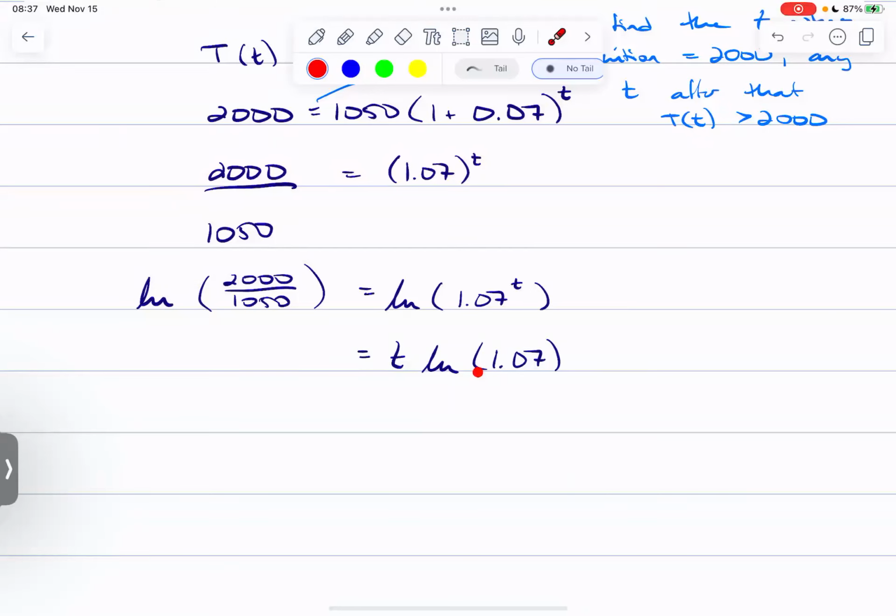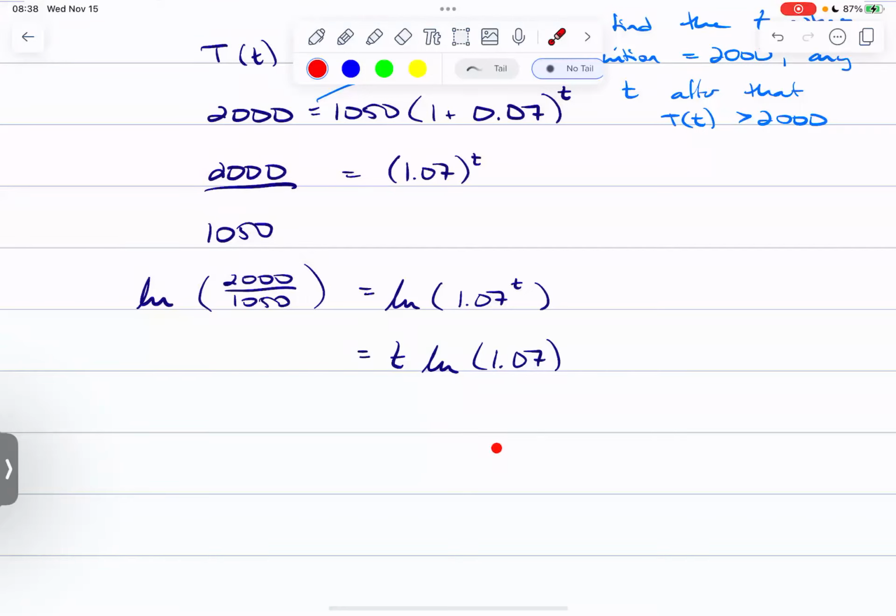The natural log of 1.07 is just a number, so I can divide it over here, but I'm also going to use my switcheroo, my revolving door. What am I doing? I'm rewriting t times the natural log of 1.07 on the left-hand side and the natural log of 2000 divided by 1050 on the right-hand side. But then in the same move, I'm dividing the natural log of 1.07 over to the right-hand side.